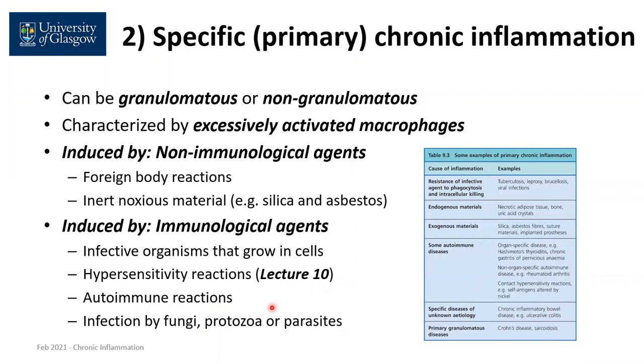And then you also have autoimmune reactions as well. And that is probably the best example when we're talking about specific chronic inflammation, these autoimmune reactions. And the best example is rheumatoid arthritis. And we'll talk about that in a few slides.